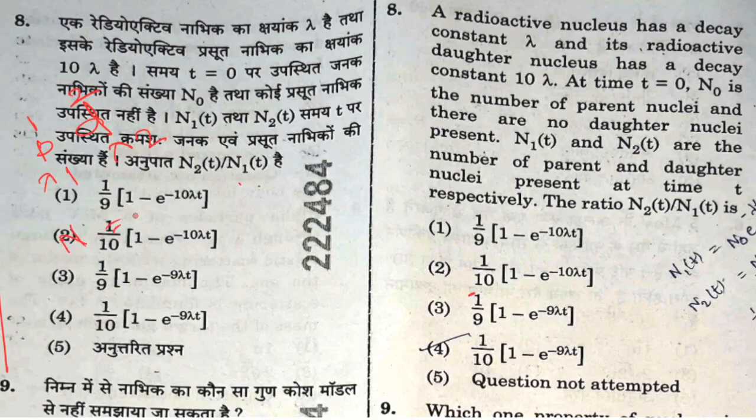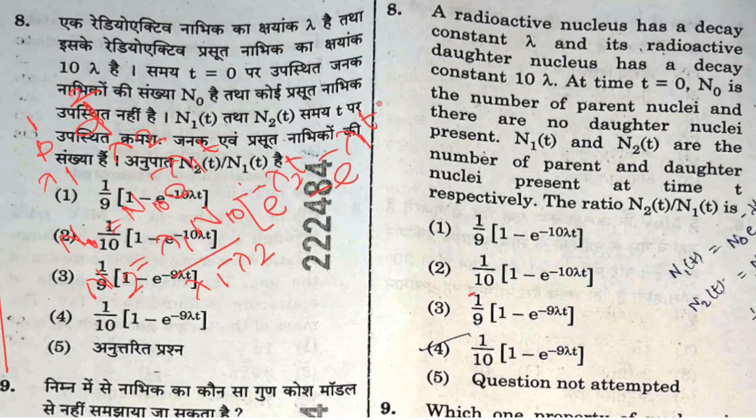For N1, you can write N1 equals N1 0 exponential minus lambda 1 t. And for N2, this will be lambda 1 N1 0 divided by lambda 1 minus lambda 2, times exponential minus lambda 2 t minus exponential minus lambda 1 t.